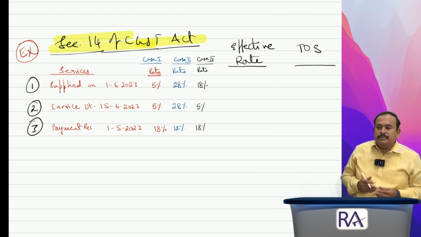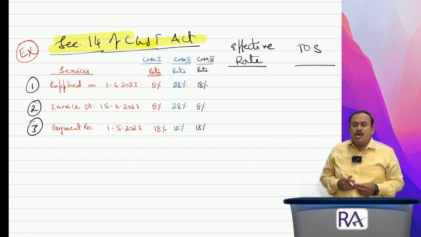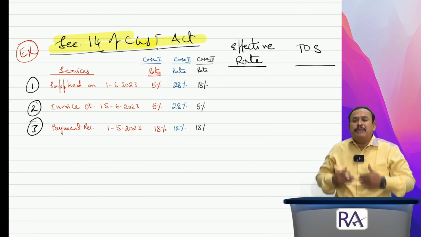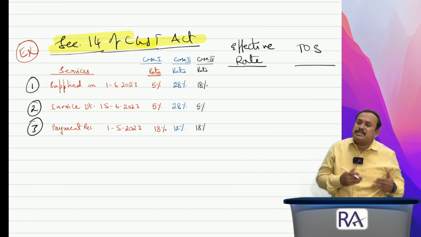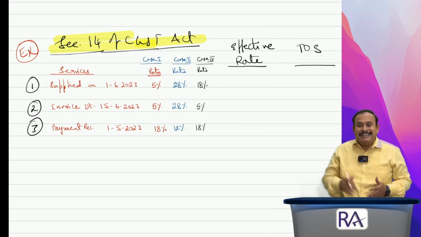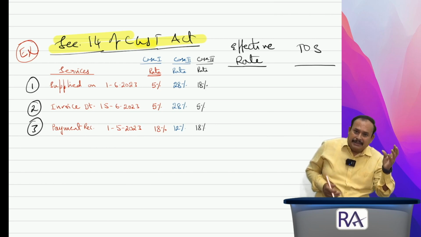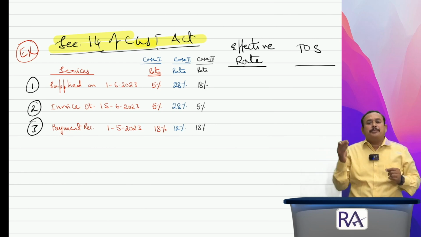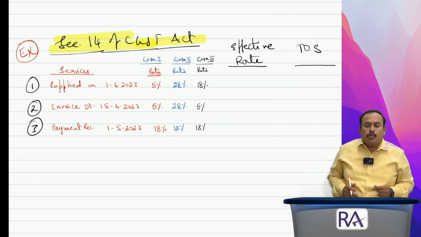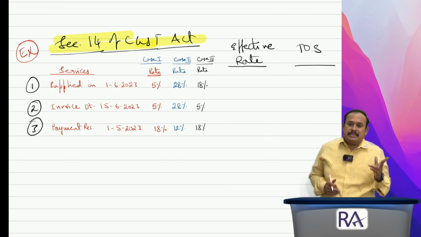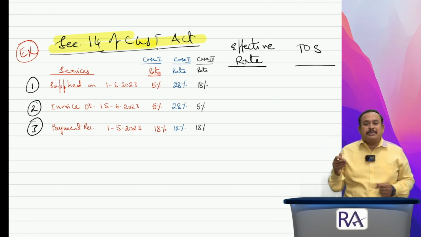Take case 1. On 1st of May, rate of GST 18% for the given supply. Thereafter it revised to 5%. So the old rate is 18%, new rate is 5%.